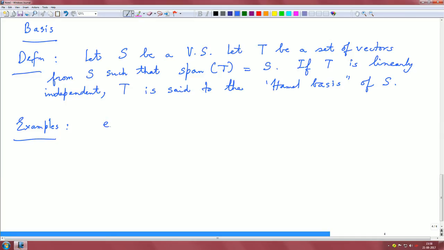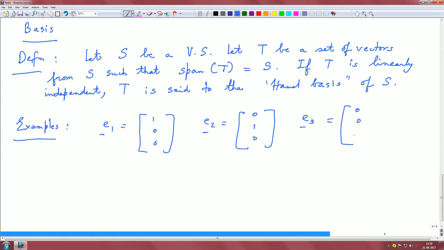So, if you think of the natural basis, for example 1 0 0, 0 1 0 and then 0 0 1, this is basically a natural basis in R3. Okay.